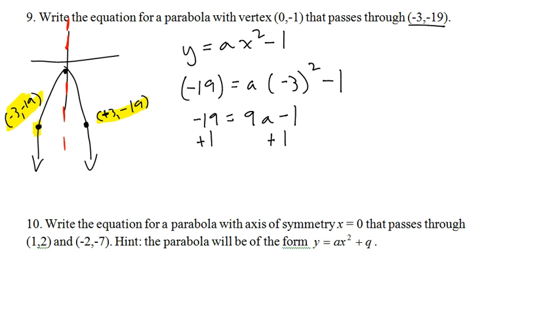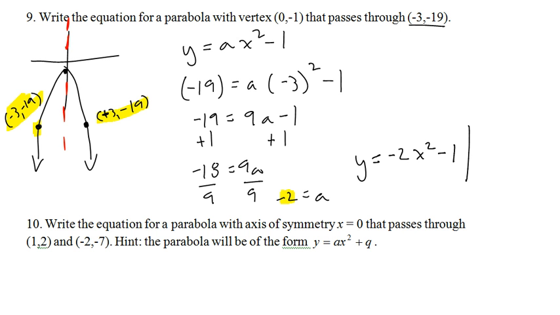Add 1 to both sides. -18 equals 9a. Divided by 9, a is going to equal -2. Notice that it makes sense that a is negative because we are opening down. So our equation will be y equals -2x squared minus 1 for that parabola.